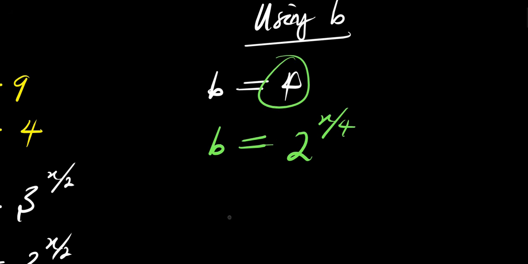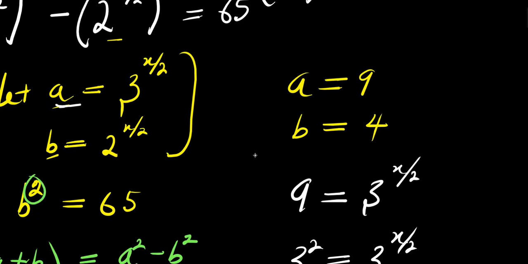And b is 4. So we have 4 equals 2 power x over 2.